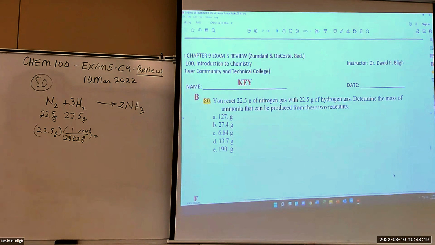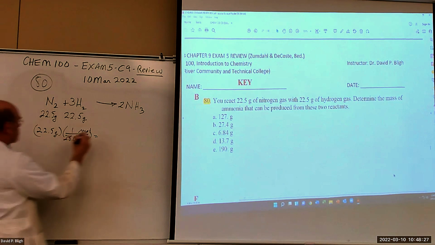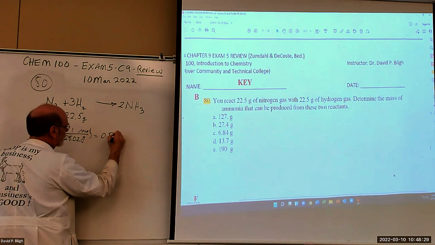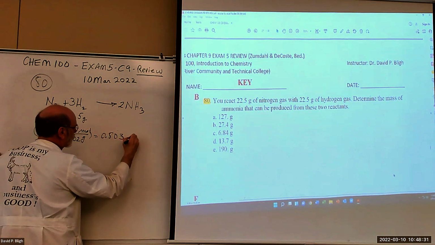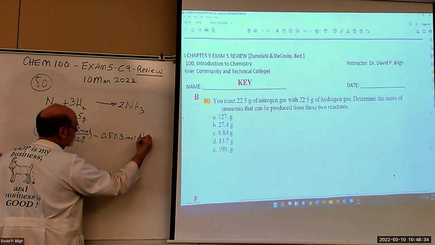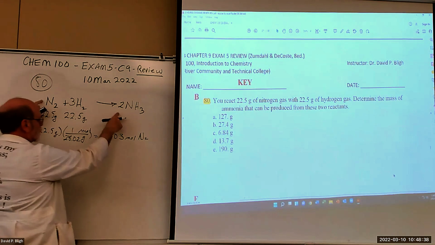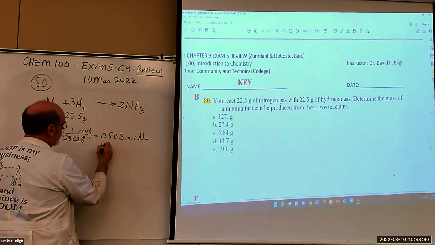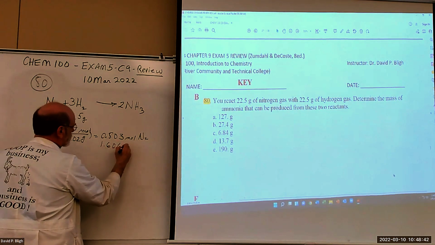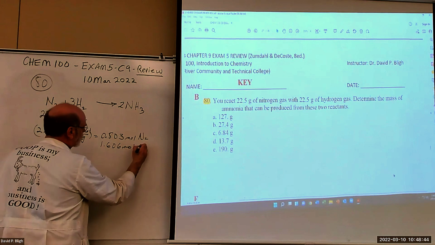Divide 22.5 by 28.02 is 0.803. 0.803 moles of nitrogen. And since for every one of these, you get 2 of those, you should get 1.606 moles of ammonia.